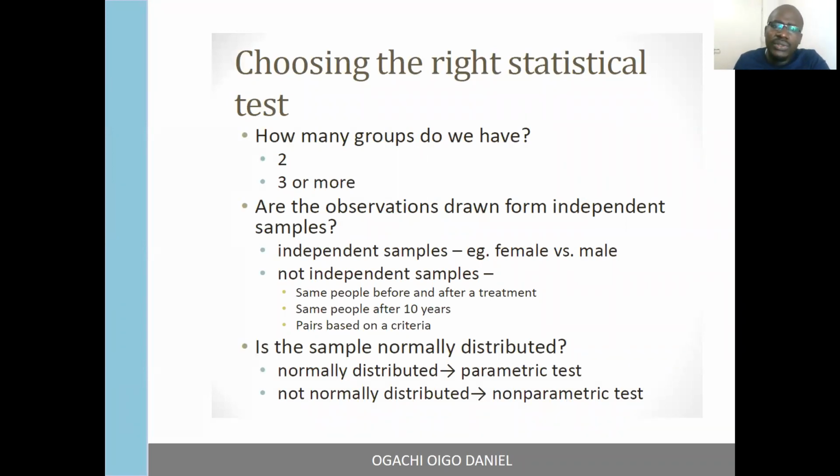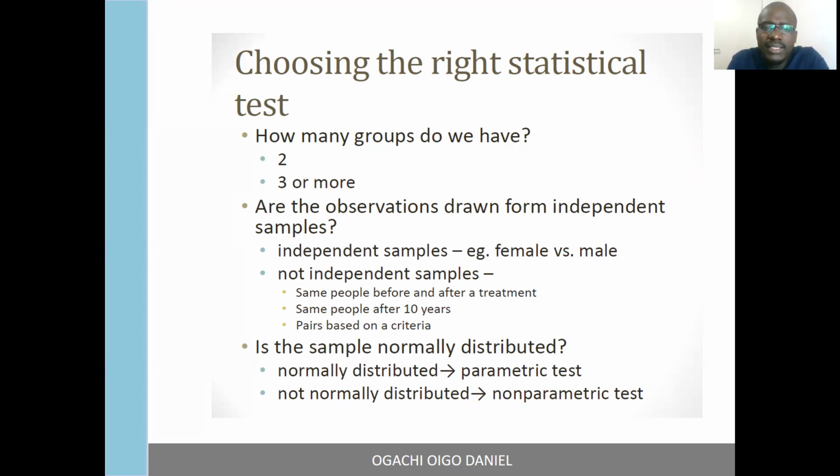So how do we choose the right statistical test? Number one, we have to decide on how many groups we have, whether 2, 3, or more than 3 groups. That is one of the considerations in selecting which statistical tool or model you're going to use in testing a hypothesis.